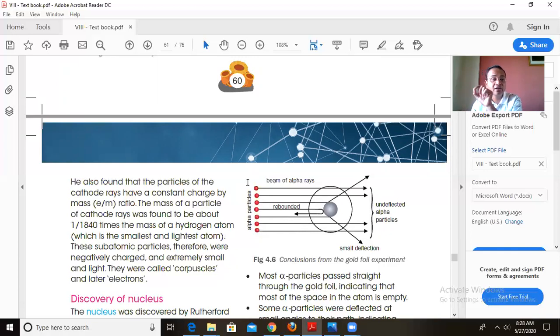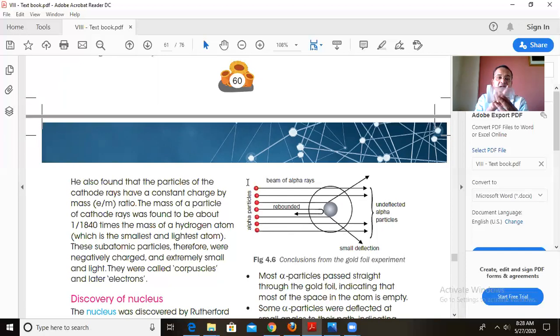They were negatively charged particles, very, very light, very, very small, and he called them corpuscles, and today we call them electrons. So in this way, the electrons were discovered by using the discharge tube experiment only.